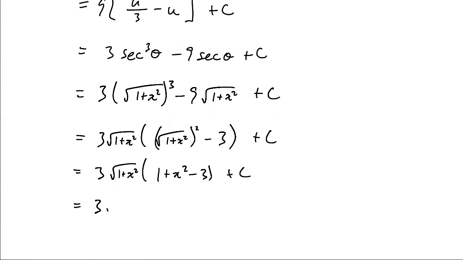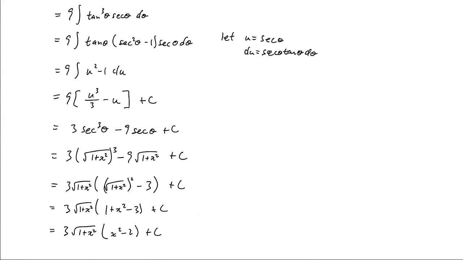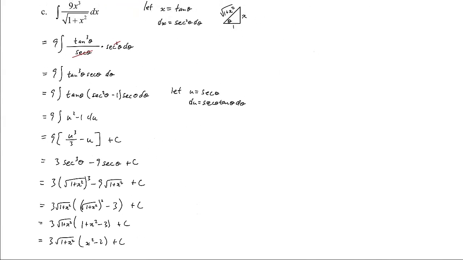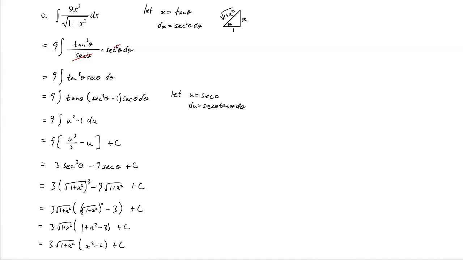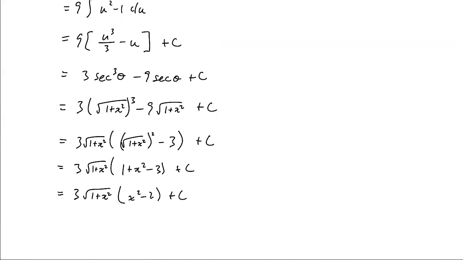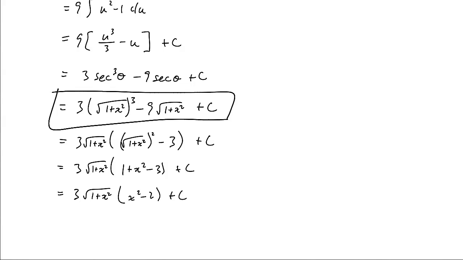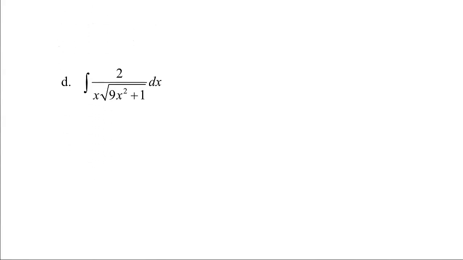So 3 root 1 plus x squared and x squared minus 2 plus c. Really, I would just leave my answer like this. I'm just trying to show you different ways they could rewrite this on a multiple choice question. Again, this is not on the AP test, but it will be on our quizzes and our tests because you will see it in Cal 3.